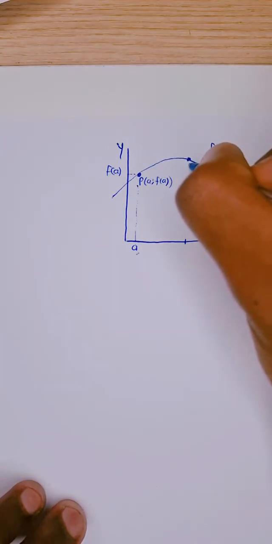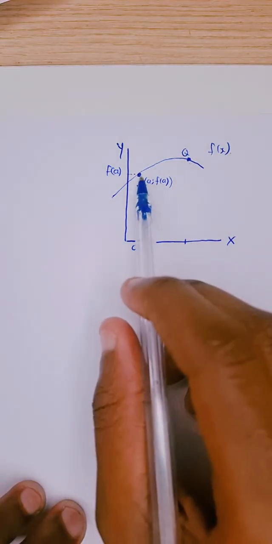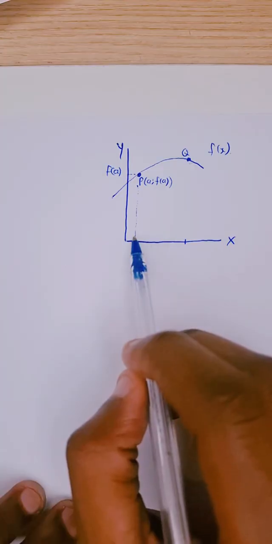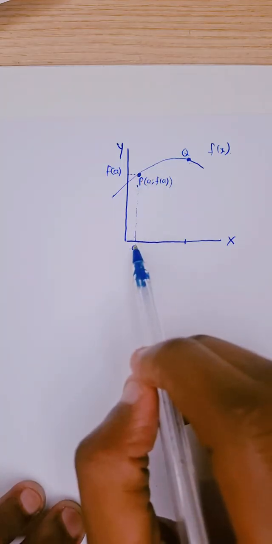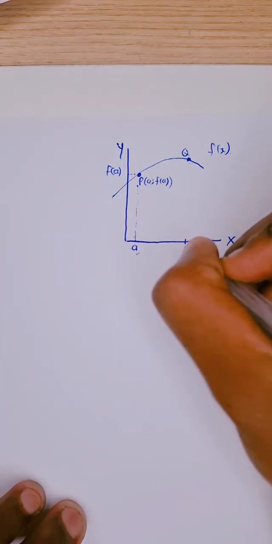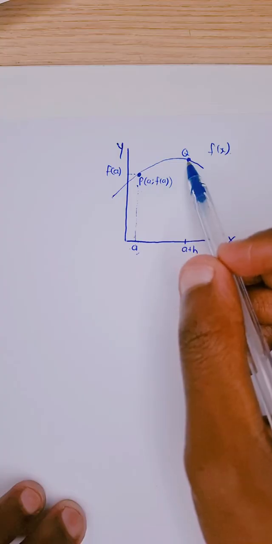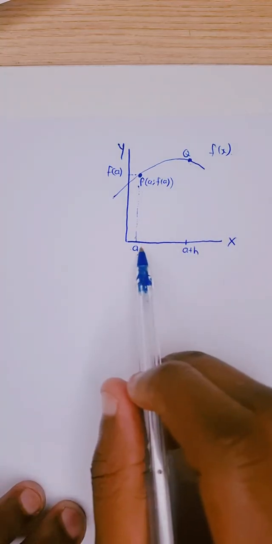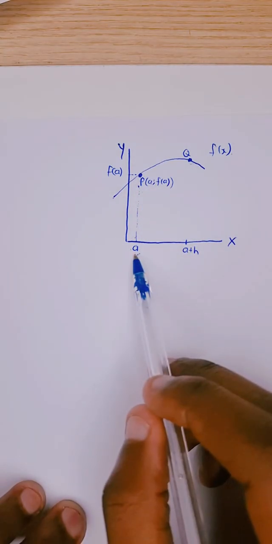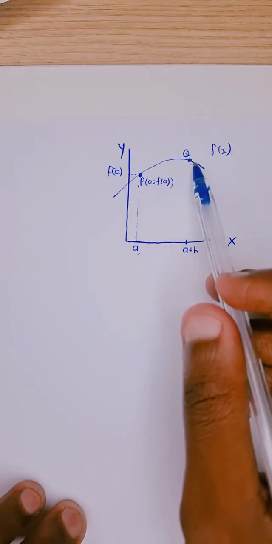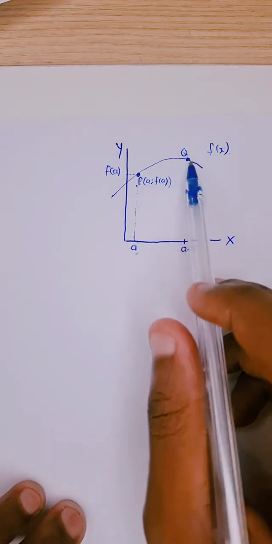Point Q, whose x coordinate is h distant away from the x coordinate of P. Like I said, the x coordinate for P is represented by a.